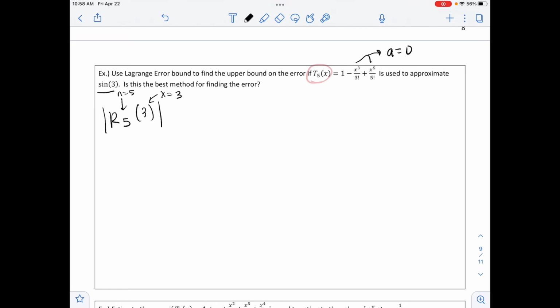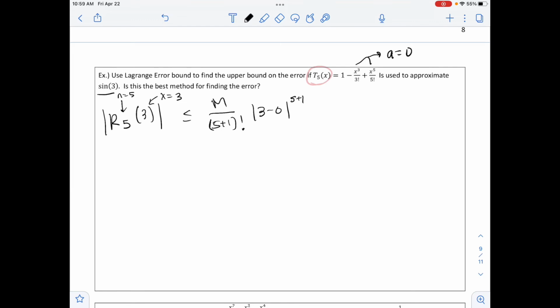And we know that from the Lagrange error bounds, which is listed on the previous page, this is going to be less than or equal to M over, and then we have dividing this by n plus 1 factorial, and again n is 5, so we have 5 plus 1 factorial, times the absolute value of x minus a, and our a value in this is 0 and x is 3, so 3 minus 0 raised to the n plus 1, so 5 plus 1.